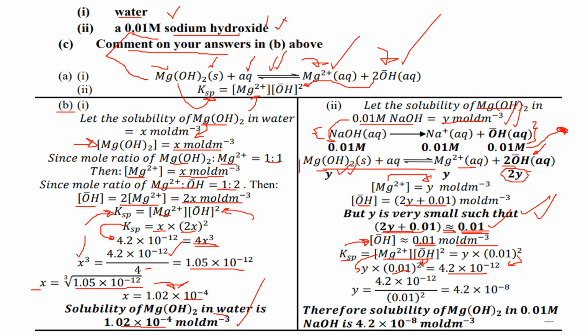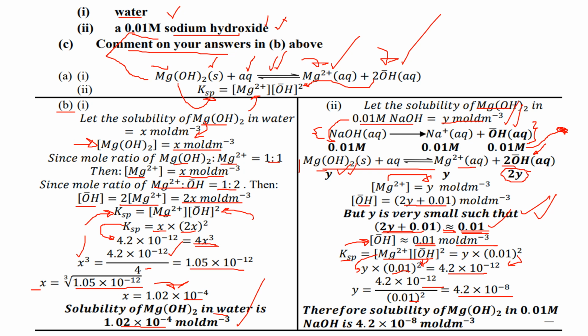The solubility product always remains constant. It is 4.2 times 10 to the negative 12. Making y the subject, you have 4.2 times 10 to the negative 12 divided by 0.01 squared. Putting everything in the calculator, you end up with the solubility of magnesium hydroxide being 4.2 times 10 to the negative 8 moles per decimeter cubed.